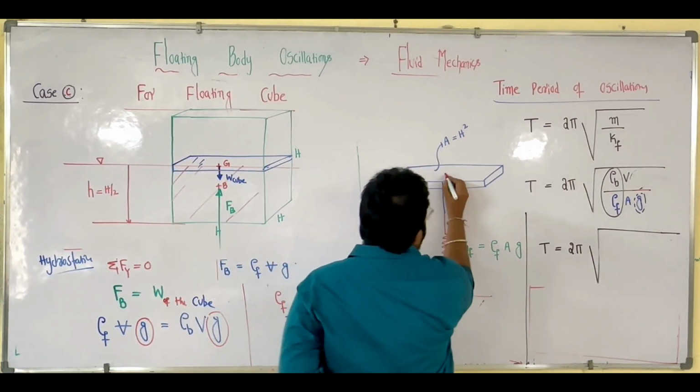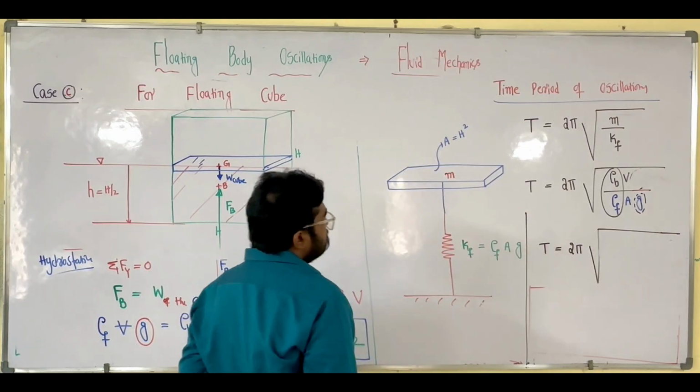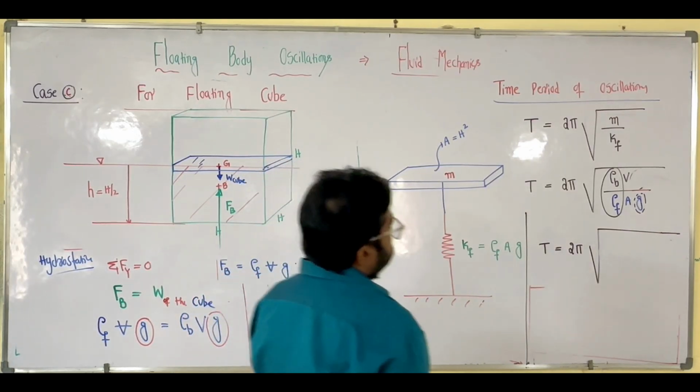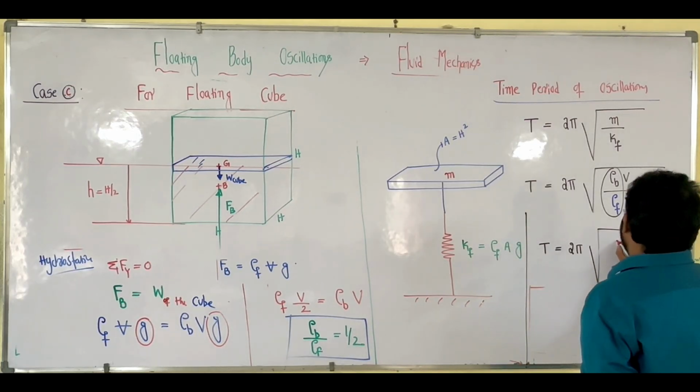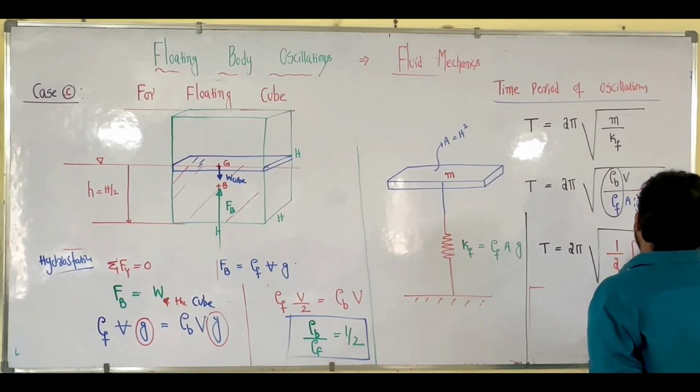So mass of the element is density of the body into volume of the cube, by density of the fluid into A into g. Density of the body by density of the fluid is 1 by 2. The volume of the cube is H cube, and this is H square into g.